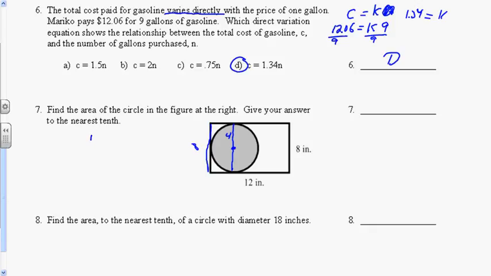And the area of a circle is pi times radius squared. So 3.14 times 4 squared is 3.14 times 16. If you do that, you'll get approximately 50.3 inches squared.